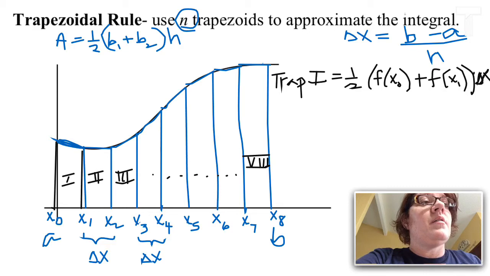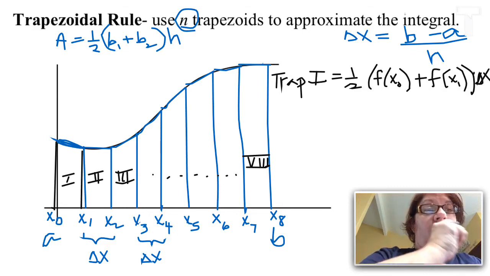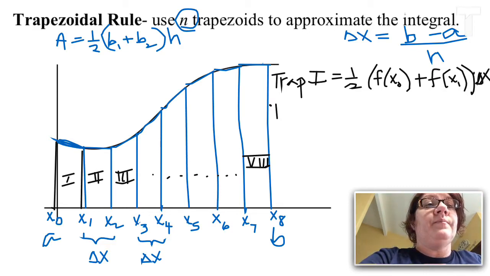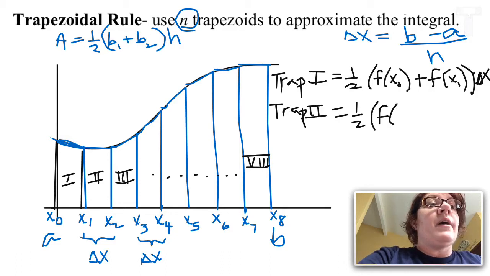And if I want trapezoid 2, I'll do 1/2, but this time it'll be the y value for x sub 1 and the y value for x sub 2, which are my bases.